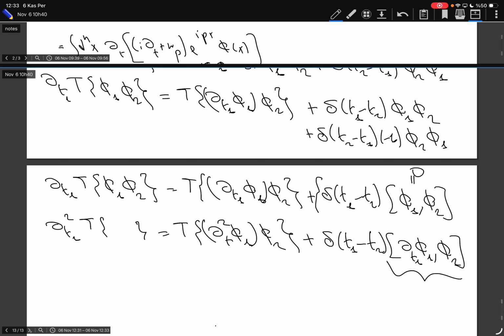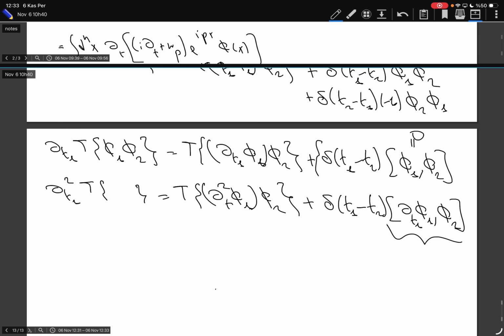This is, well, the time derivative of the field in the scalar theory is the momentum. And the momentum commutation with the field is the three-dimensional Dirac delta. So the second time derivative of this time-ordered product is equal to the time-ordered product of the second derivative of my field plus the four-dimensional Dirac delta.